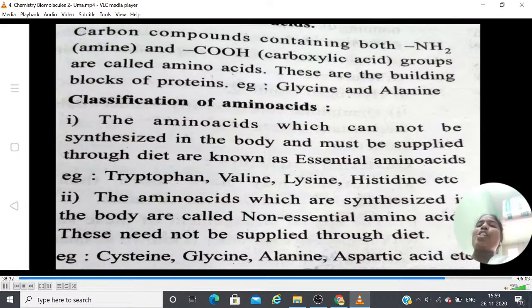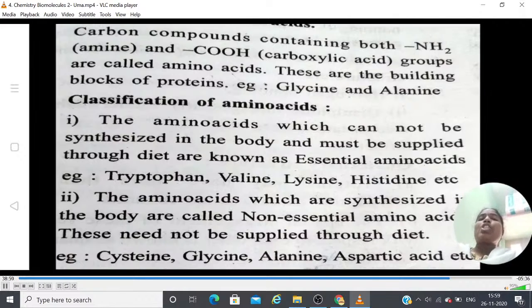But essential amino acids cannot be synthesized and must be supplied through diet. These are the differences between essential and non-essential amino acids. Examples of non-essential amino acids: cysteine, glycine, alanine, aspartic acid.